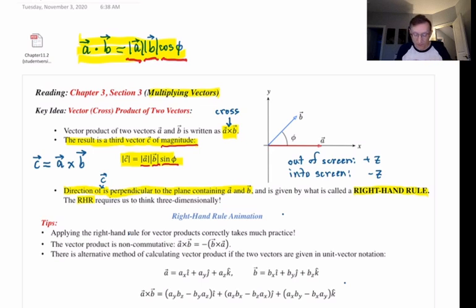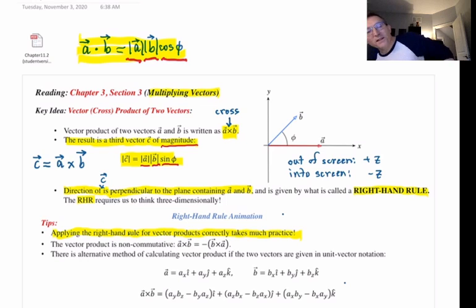Now, I will give you a warning or a tip. Applying the right-hand rule for vector products correctly takes a lot of practice. It's just the way it is. Our brains really struggle to visualize this three-dimensional situation. So the only way we will get competent at it is by doing lots of practice, which we will be doing in class and on engagement exercises and on Wiley+.